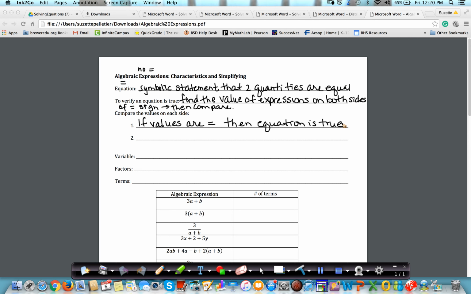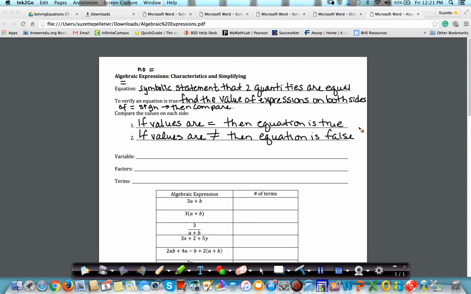And then, of course, if the values are not equal to each other, then the equation is not true. It's either going to be equal or it's not. Okay, so that's a quick rundown of the difference between an equation and expression, just to refresh your memory.